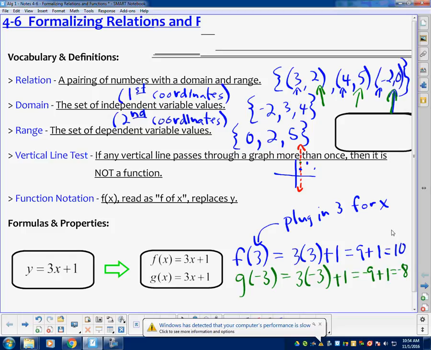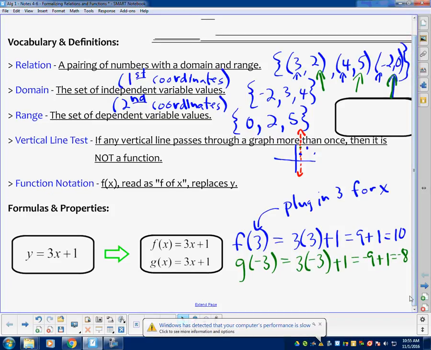It's just a way to let functions represent specific things in real life, oftentimes, and tell us, okay, plug in different values for x, evaluate this function at different places, use it to predict. So that's function notation. I'm just asking you with f of 3 to plug in 3 for x, or g of -3 is plug in -3 for x and evaluate it.